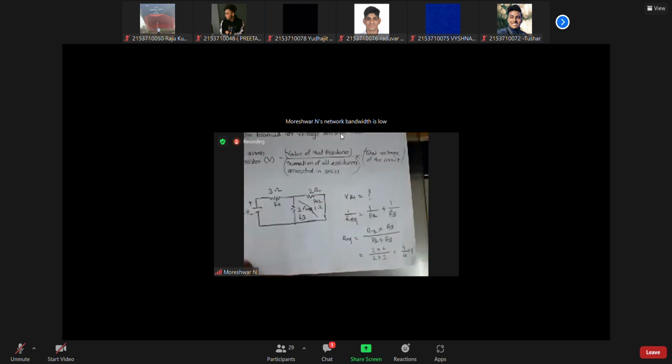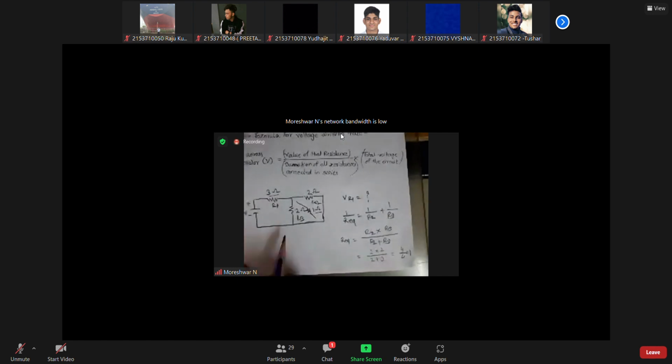Now this equivalent resistance and this resistance, these two resistances are in series. Now you can apply here voltage division rule. So if you want to calculate VR1, what will be the formula? Now you want to calculate voltage drop across this 3 ohm resistance, so that resistance is in numerator.